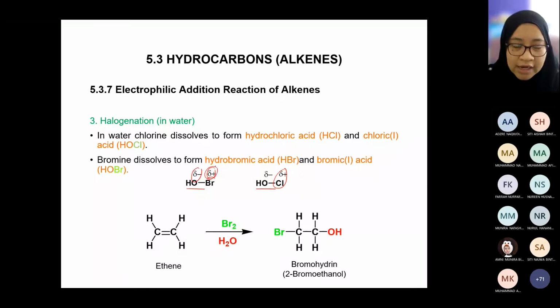Will attack the halogen part. Okay, so in the first place, Br will be added first and then followed by OH. Okay, so that's the idea of it lah. In terms of mechanism, we are not going to cover the mechanism for this reaction. You just need to know that Br and OH will be added into the alkene.